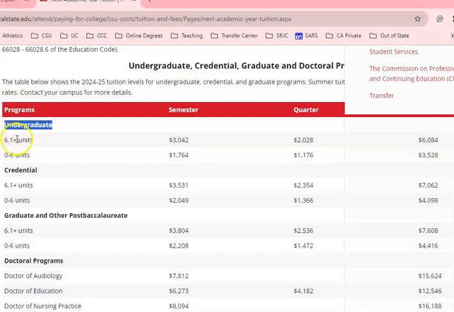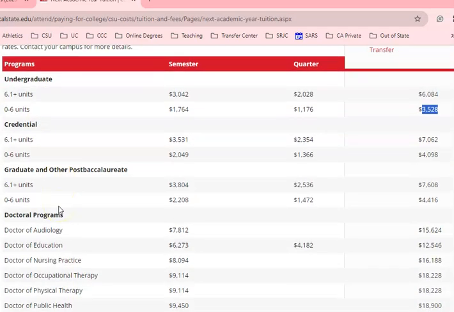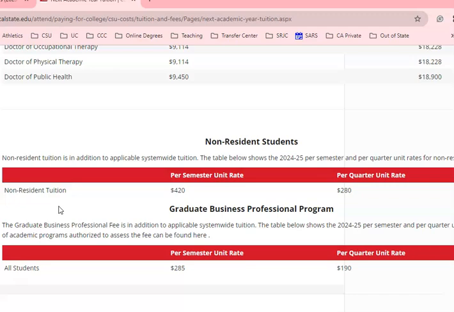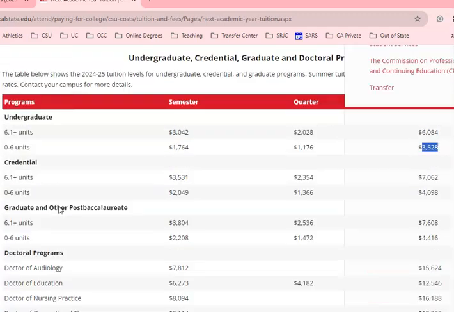That's what you would be as an undergrad. And if you're in 6.1 or more units, you're paying the $6,084. If you're in 0 to 6 units, you're paying $3,528. Then it goes into credential programs, graduate, doctorate, that type of thing. And non-resident fees are here as well.